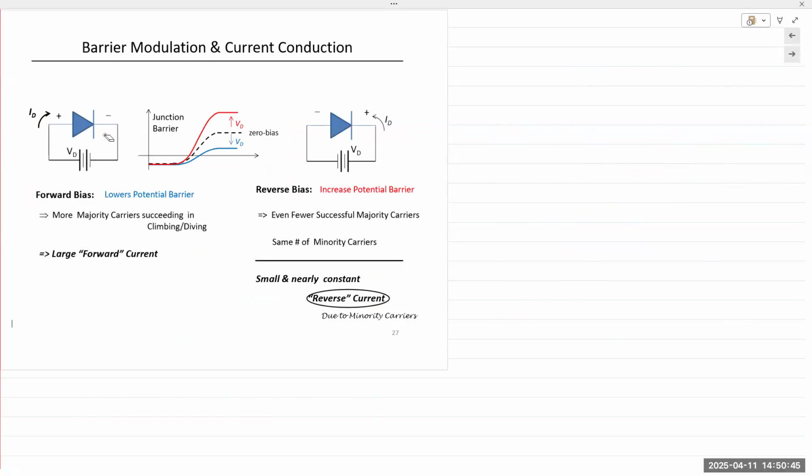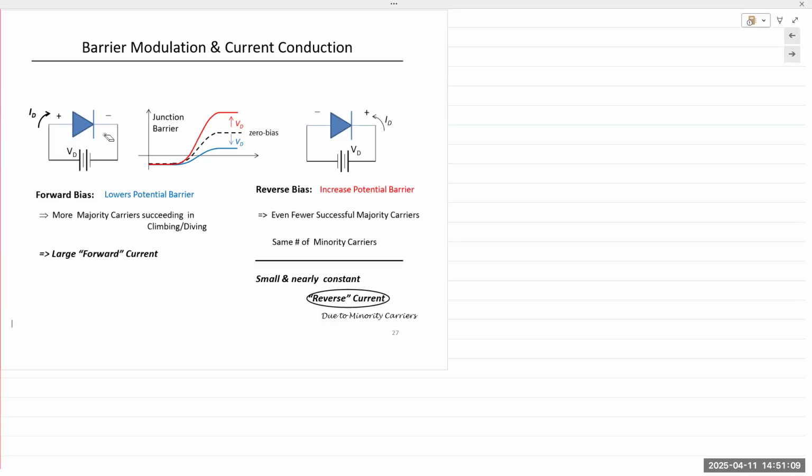The question being asked is, when we apply reverse bias, the depletion region increases, but if we take it away, does it go back to its original state? The answer is yes. Everything is a function of applying the external field. The overall goal is that we create these semiconductors so we can control their behavior.